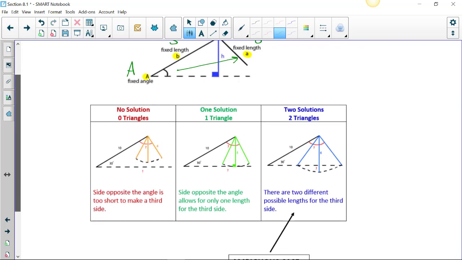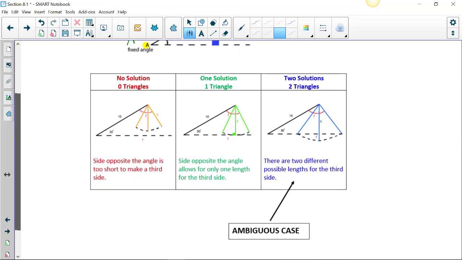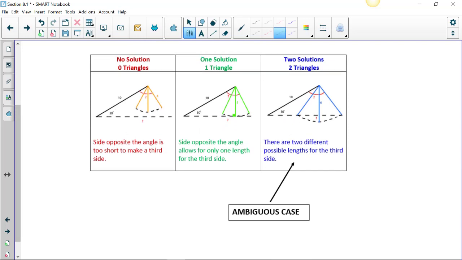You can do that another way, but it can be a little confusing and tedious. So we're going to talk about a nice basic way that you can use every time and will get you to the right result. Let's take a look at what this means. If we have no triangle or no solution, then that means the side opposite is too short.